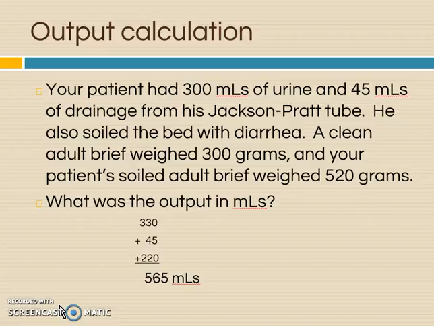So here again, you take your 30 plus your 45, and then if you take the 520 grams and subtract the 300 grams of the dry adult brief, you come out with 220 grams, which is 220 milliliters, and you get a total of 295 milliliters for output for these items.